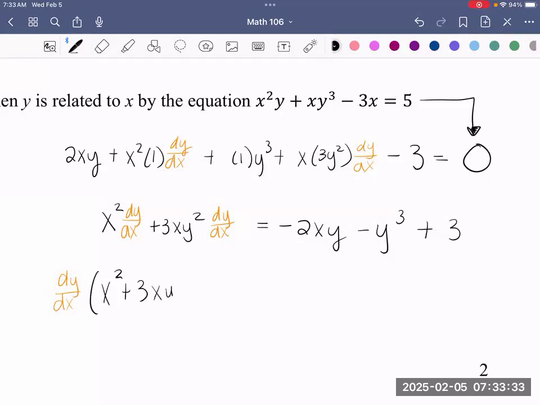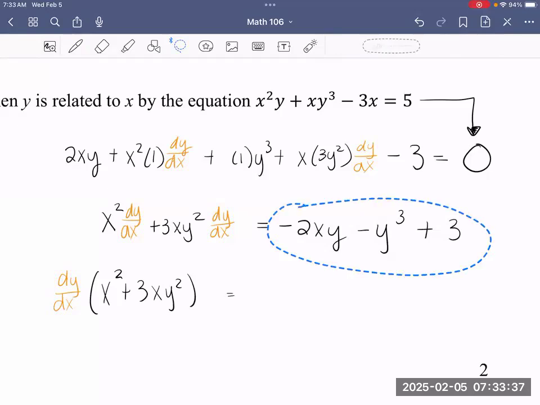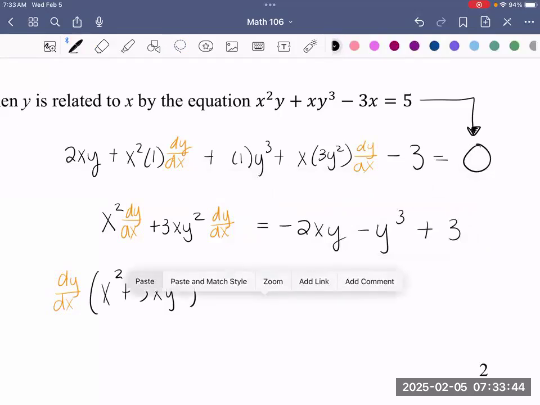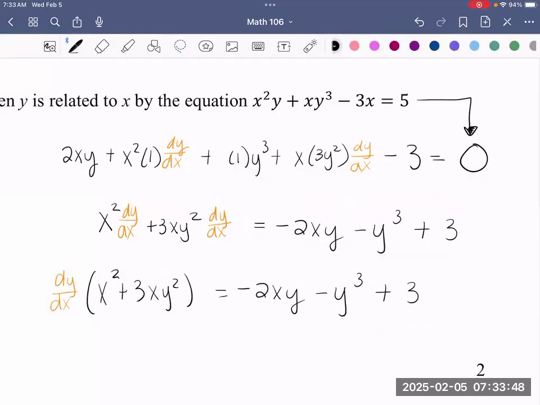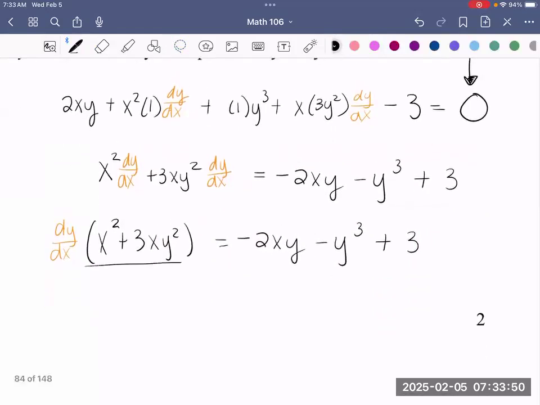We can factor out more later. There we go. Let's go ahead and divide.